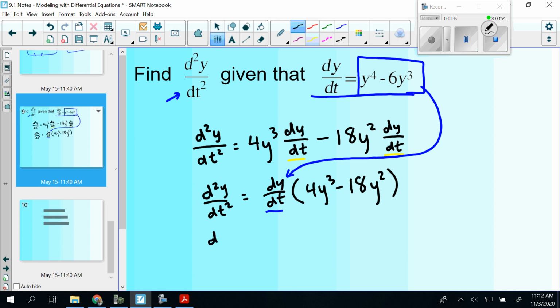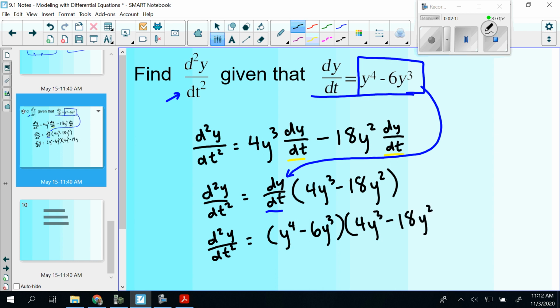So if we make that substitution, now our second derivative becomes this. And now we only have y as part of this second derivative. So that would be the second derivative now without that.